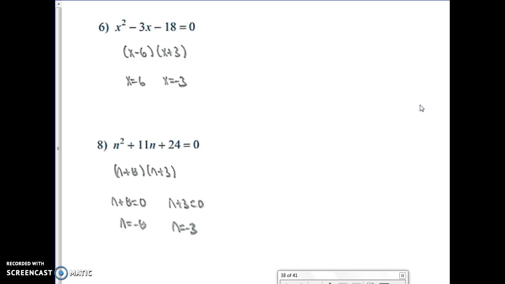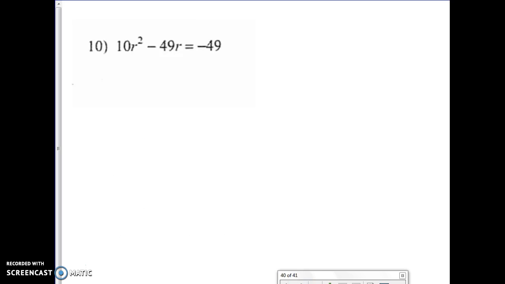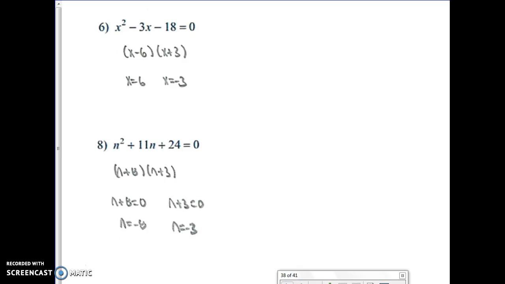If I look ahead, there's a difference between number 10 and number 9 compared to the last ones that we did. If I look previously, I've noticed that one side is 0.